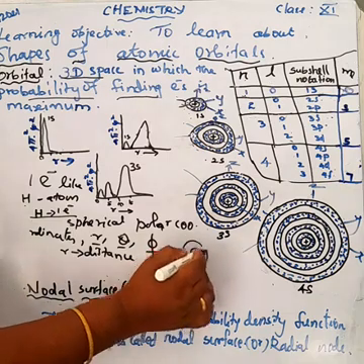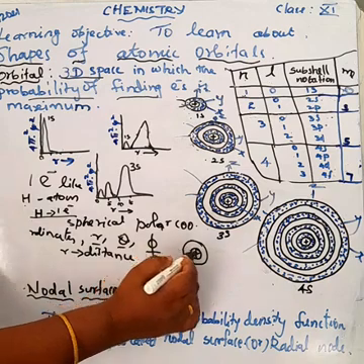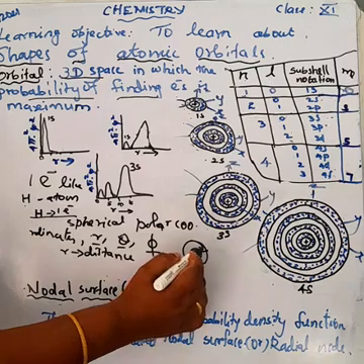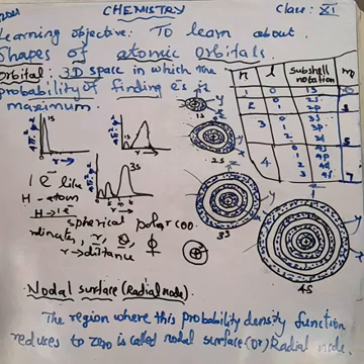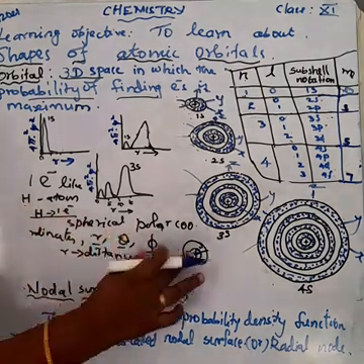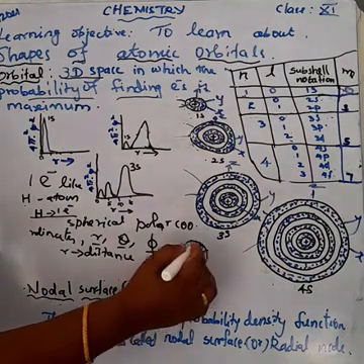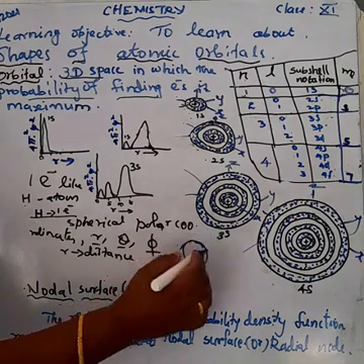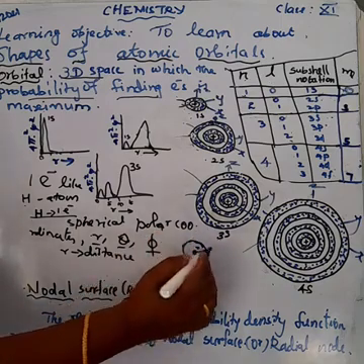This is the nucleus, and this is the region of probability of the electron, spherical in shape. r means the distance from the nucleus to the point where the probability of the electron is maximum, from here to here; that is r.